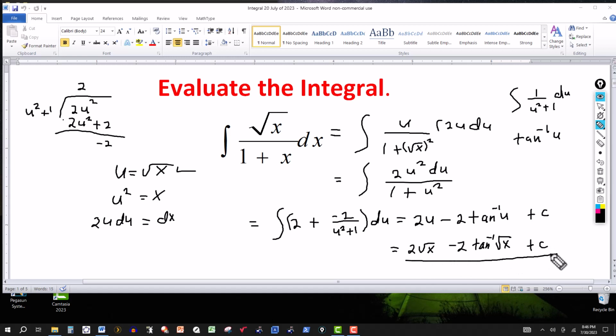So there's your final answer. 2 square root of x minus 2 tangent inverse of the square root of x plus c.